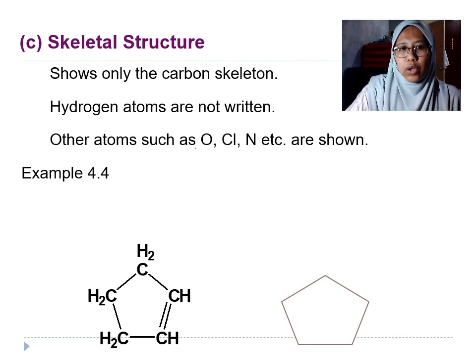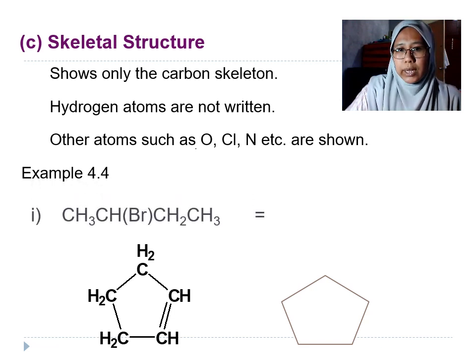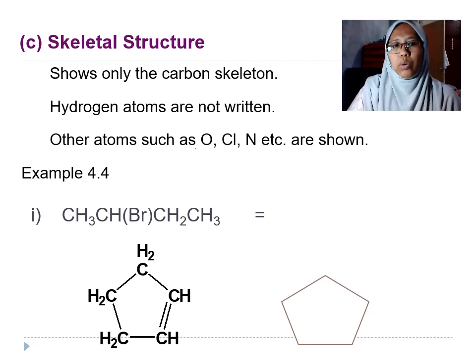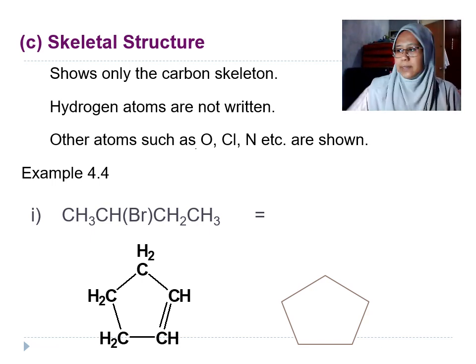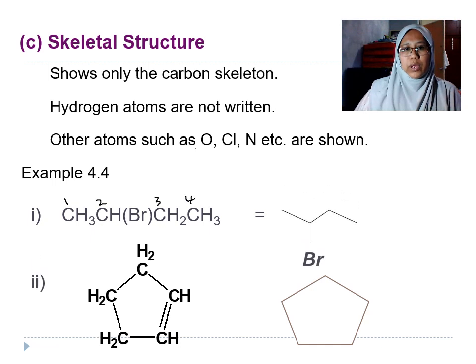Example 4.4 is on 2-bromobutane again. So what we have to do is number 1, 2, 3, 4, and then we draw the dot. 1, 2, 3, 4. Where is the bromine?